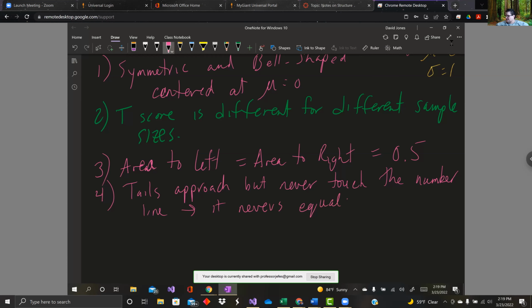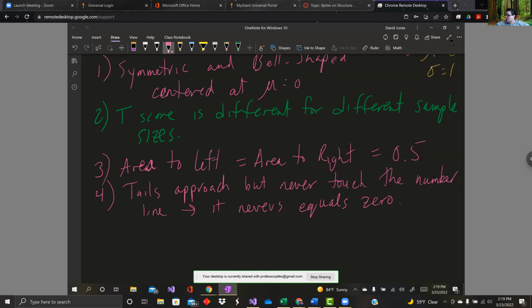The number line is the 0 axis. Now, it might be 0.00000000000000001, but it's still not 0. But for all intents and purposes, it's effectively 0. Like the chances of it happening is like winning the lottery 12 times in a row. It just gets that bad.